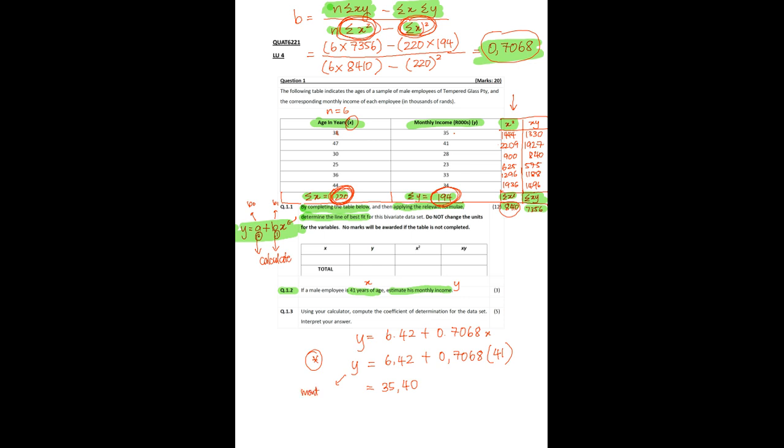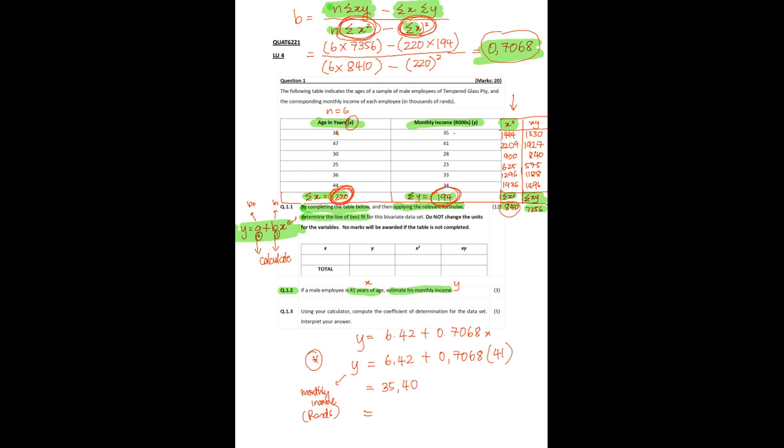And this is 35.40. But remember, they told us at the top that the monthly income was in thousands of rands. So what you need to do now is make this a figure that is in thousands of rands. You don't have to actually write this; I'm just writing it to show you.